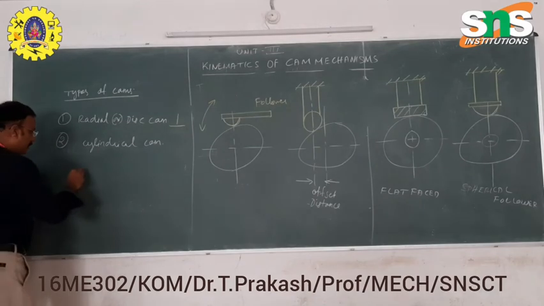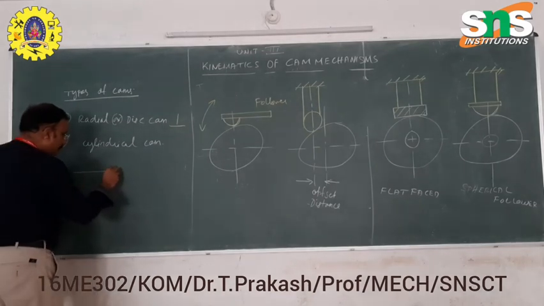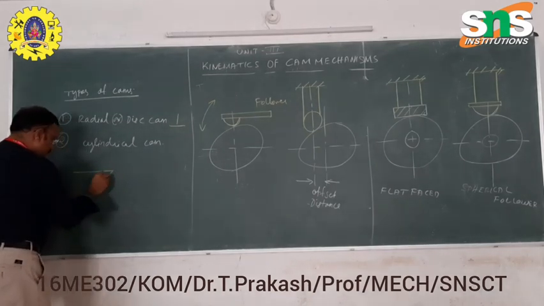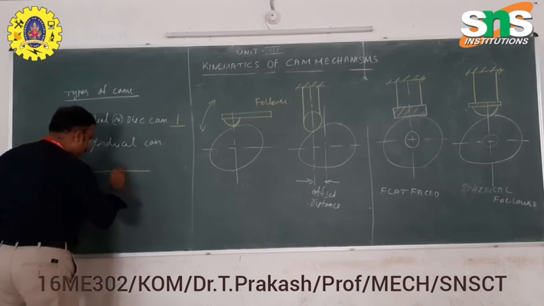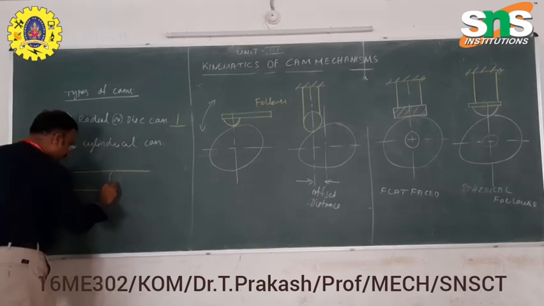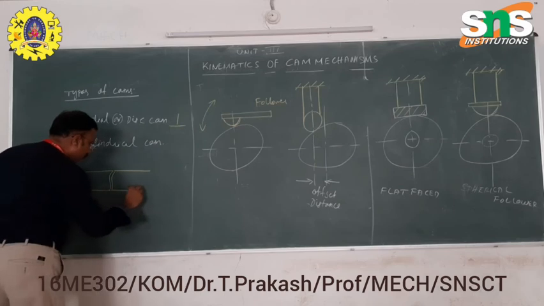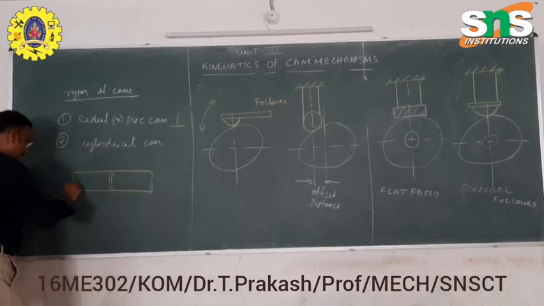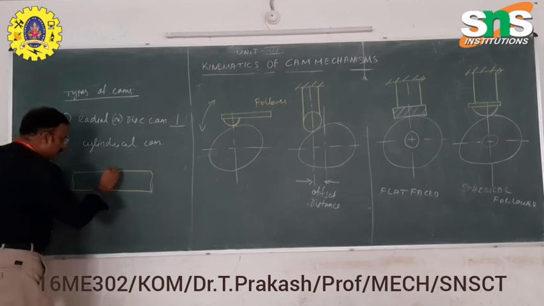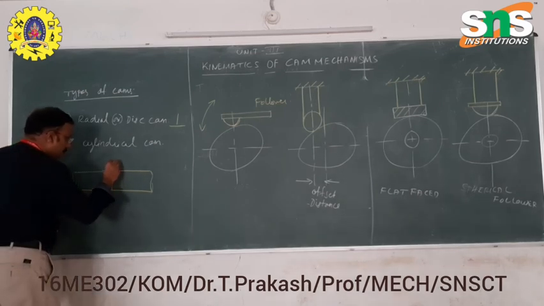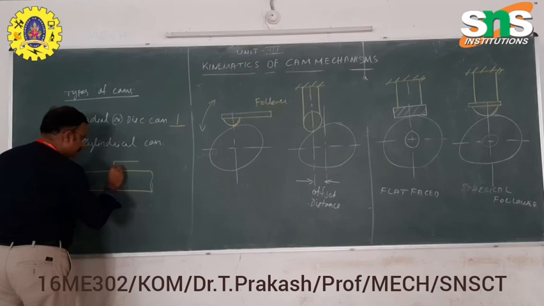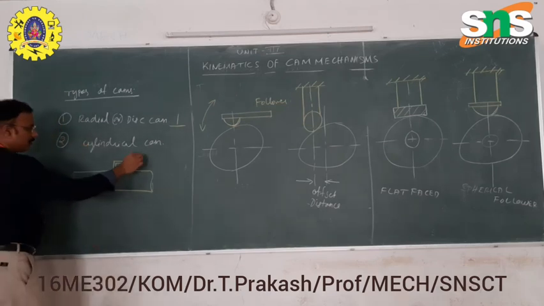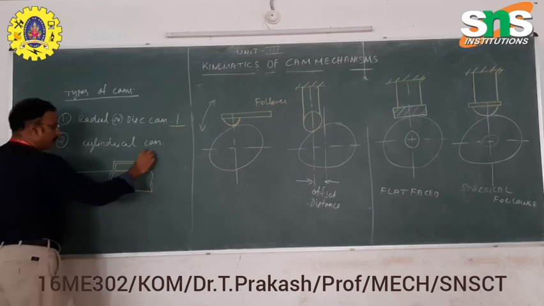We can see a cylindrical cam here. It follows the path of the cylinder. It is our shaft, for example, you take. The cylindrical cam follows this path. It is our follower.